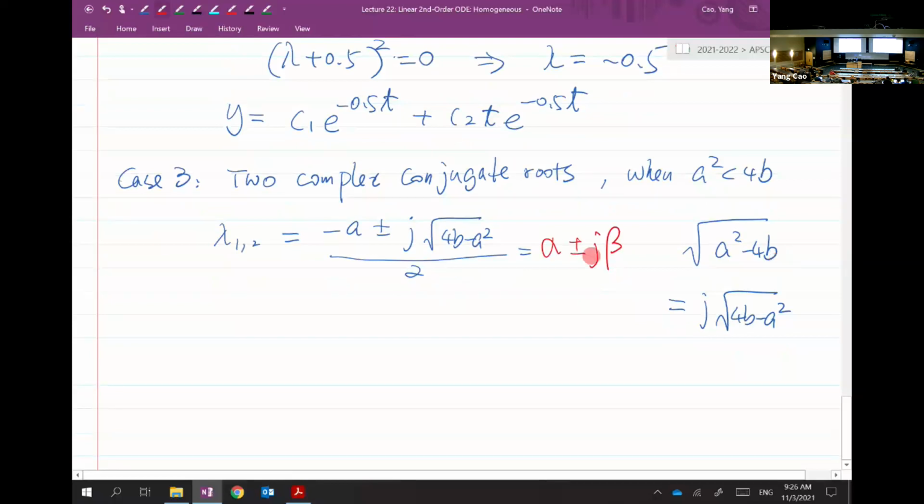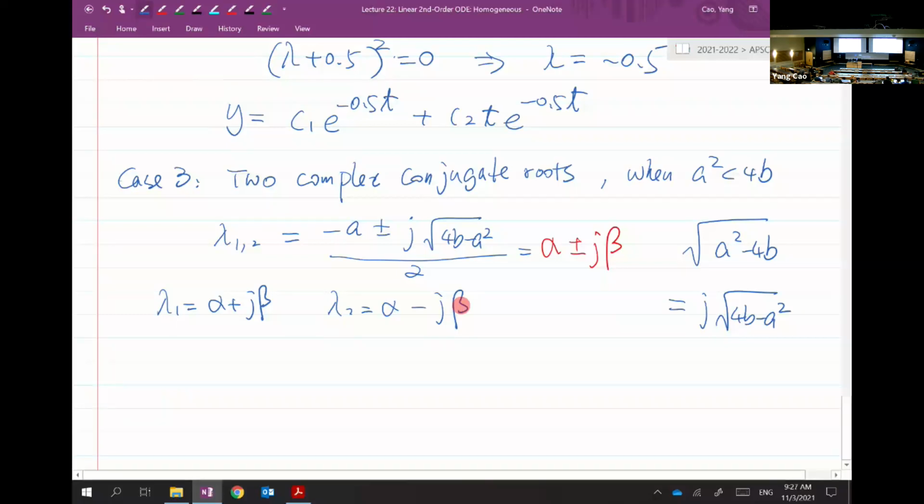All right, so bear in mind, essentially what you get here, you get lambda 1 equal to alpha plus j beta, lambda 2 equal to alpha minus j beta. So you still got two solutions for lambda, and they're different, except they're complex numbers.